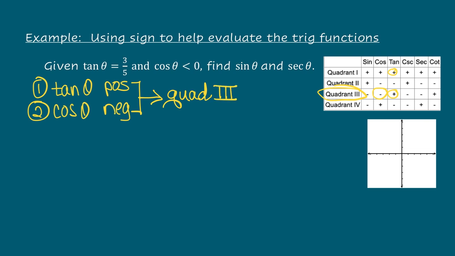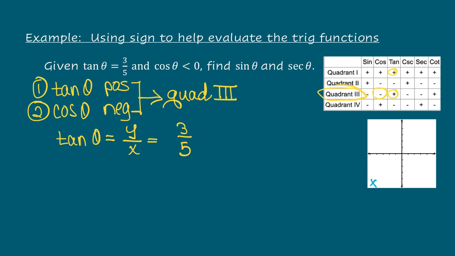So I am 3 over 5. And tan theta, remember, is made of the ratio of y over x, 3 over 5. So if I am landing in quadrant 3, that means I am over here somewhere.